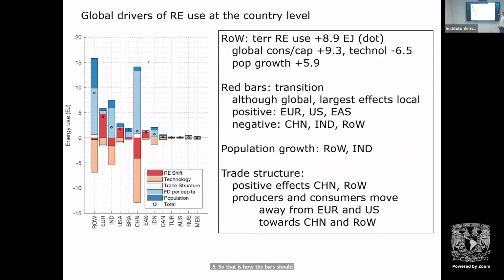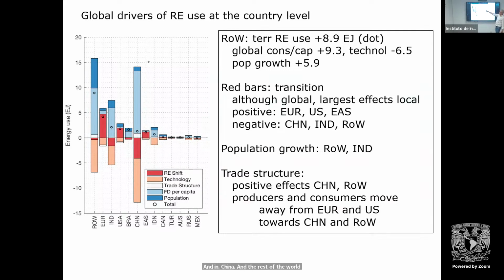And the red bars give the transition. We saw that for the transition, the global effect was very modest. But if you look at the red bars at the country level, you see that in India, and in China, and the rest of the world, it's negative.